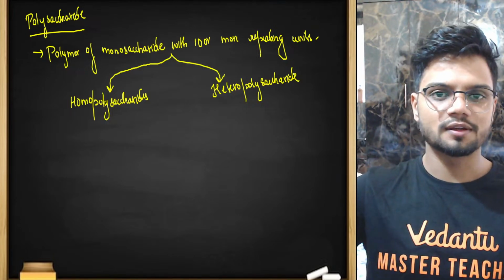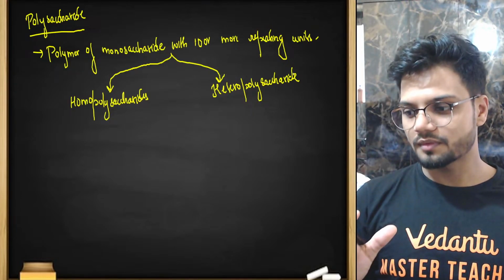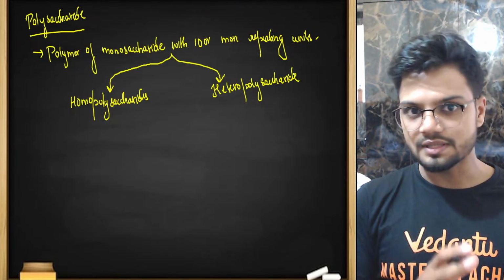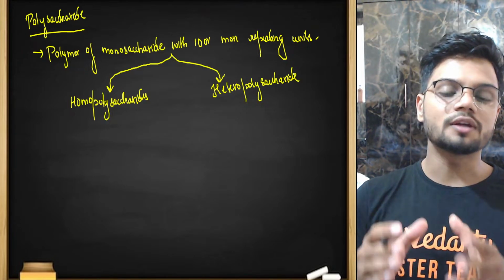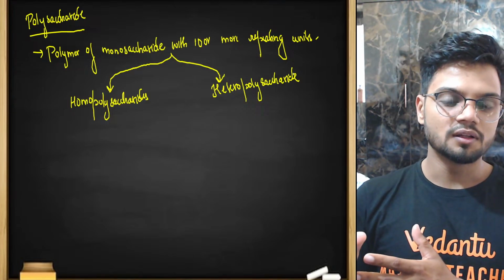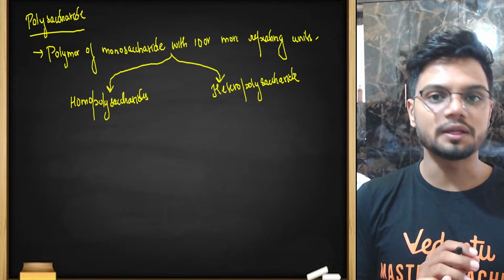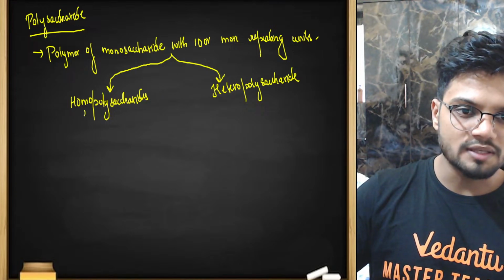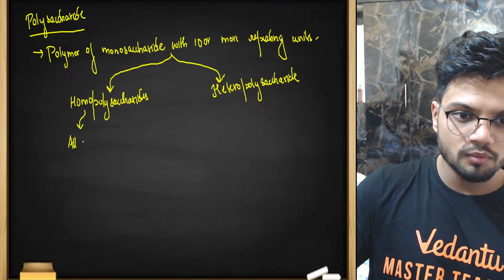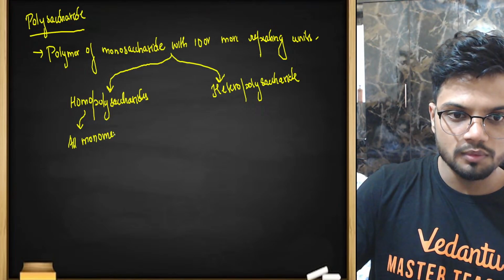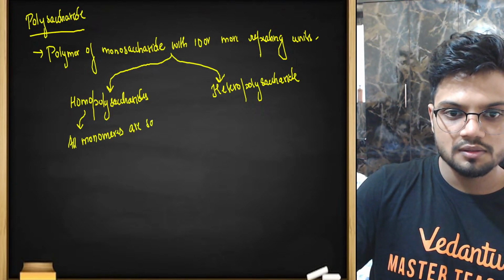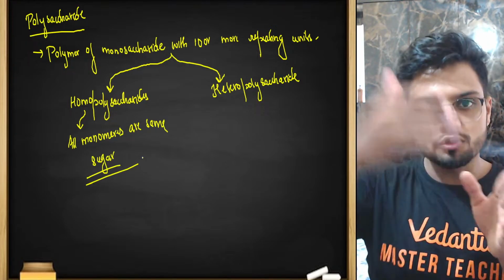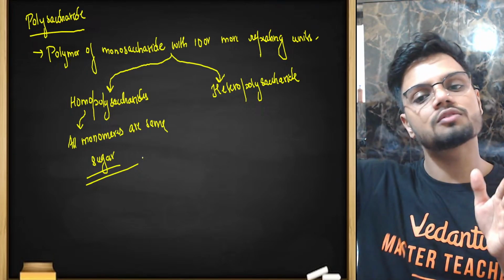We have many students, but on the day you wear the house uniform color, all the green house is standing one side, and the yellow house and blue house are standing separately. Similarly, in the case of homopolysaccharides, all the repeating monomers are the same sugar. Glucose, glucose, glucose, glucose will be a long chain of just glucose.